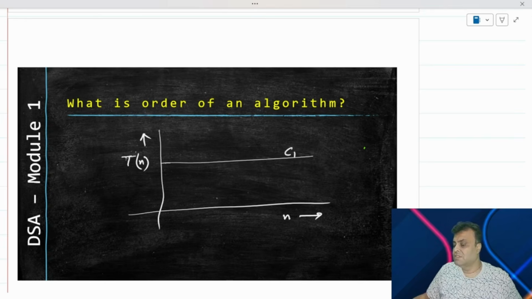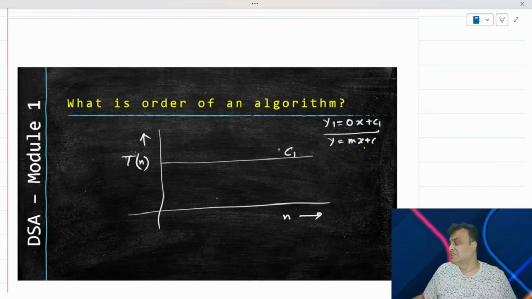So can we say this is C1? And what is C1? C1 is your y1 equal to 0x plus C1. And what have I written? I have written something like y equal to mx plus c. So this curve has zero slope, and that's why m is 0.